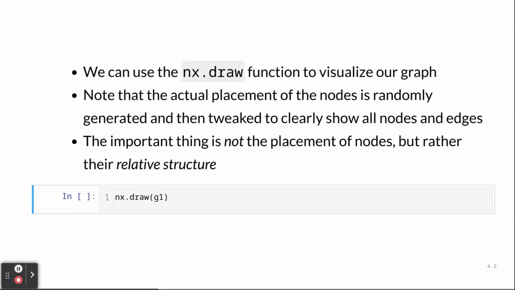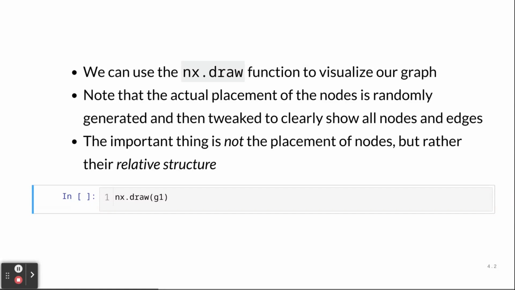Once we have a graph in the NetworkX library, we can actually use it to help visualize our graph. One thing we'll point out before we show this is that the actual placement of the nodes is totally random.